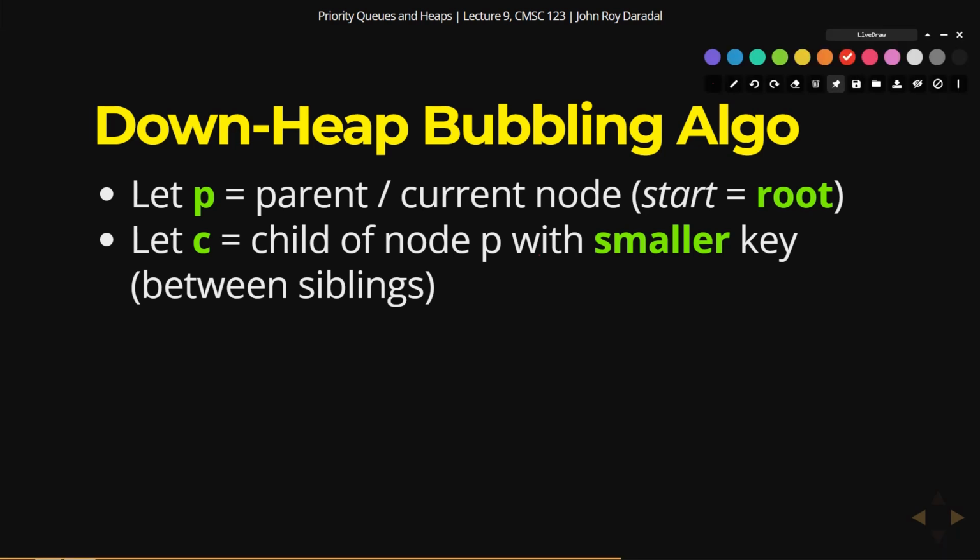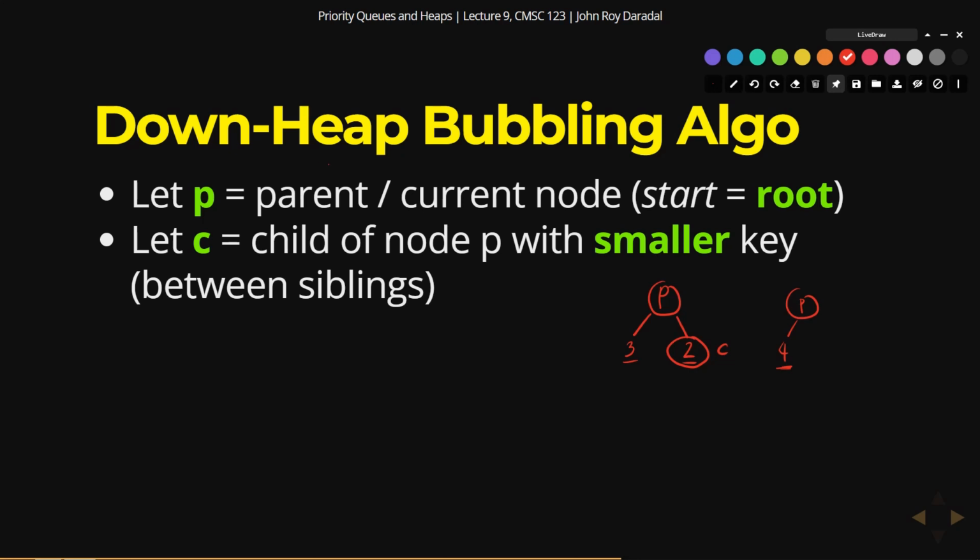For example, if this is your node P and it has two children, let's say 3 and 2, which of the two should be child C? It would be 2, so this would be C, because it has the higher chance of replacing the parent node since it has the smaller key. Now if it has only one child, like say 4, then automatically you have to compare it with this child because there is no other one, right?